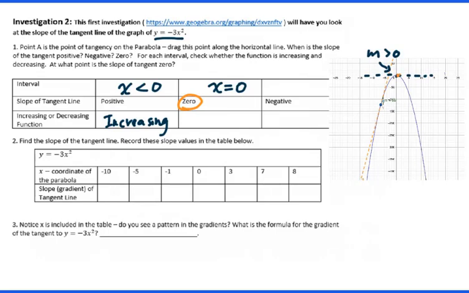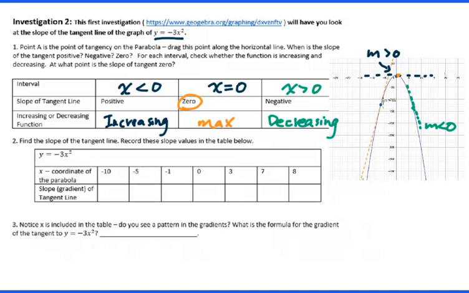And also this point is the maximum of the graph. When x greater than 0, you could say the slope of a tangent line is negative. And the graph is going down from left to right, so it's decreasing.